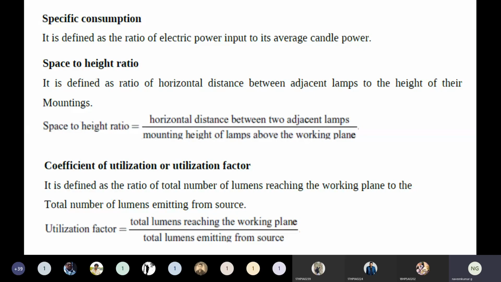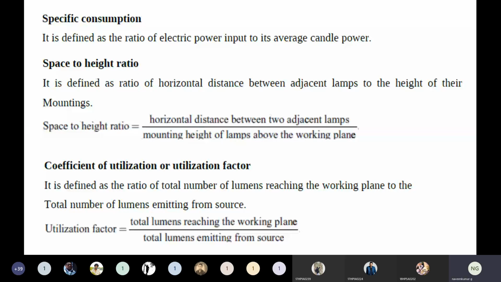If you are considering two lamps placed on two mounted heights, the ratio of horizontal distance between the two adjacent lamps to their mounting height, it is defined as space to height ratio. So you are having the formula here: horizontal distance between two adjacent lamps divided by mounting height of the lamps above the work plane.